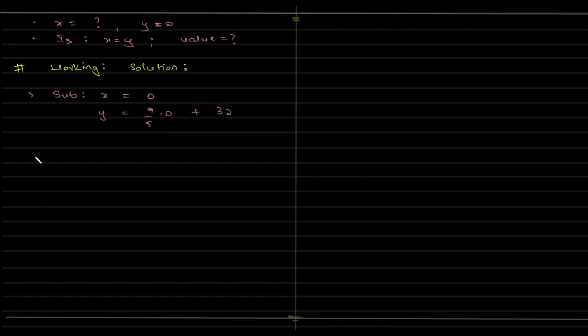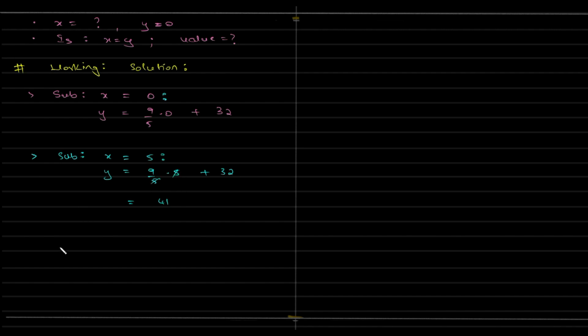Then substitute x is equal to 5. So y will be equal to 9 by 5 into 5 plus 32. So this is 9 plus 32, 41.